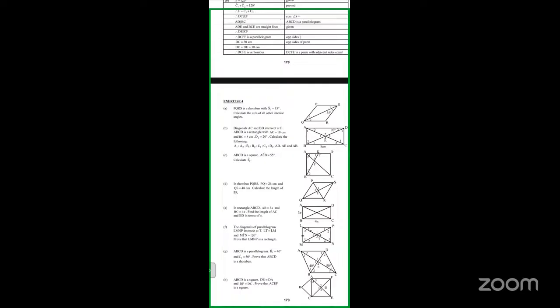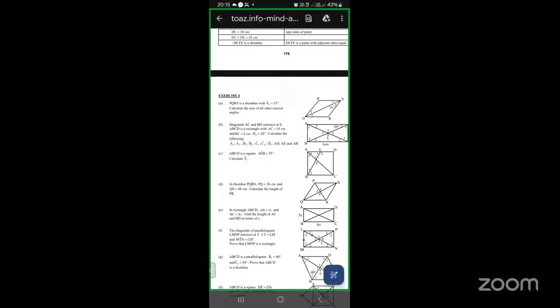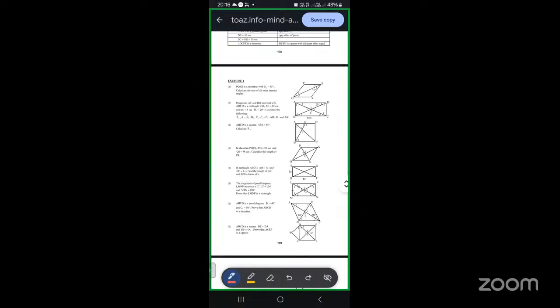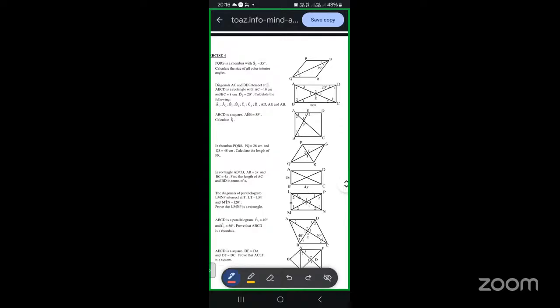Is there anyone, guys, who has an idea of how we can calculate all the interior angles of this rhombus? Let me just go to my pencil. Are you guys still there?